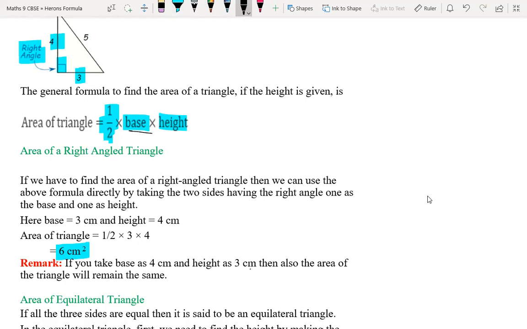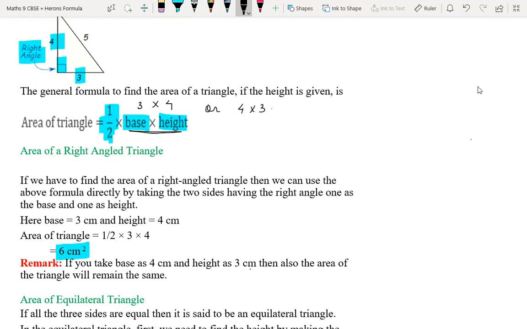If you interchange, no problem at all. Is it clear till here, children? Is it clear to everyone?